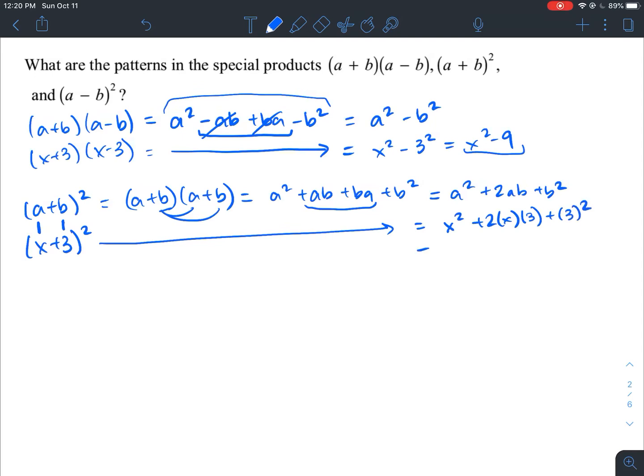Now we can simplify this, so this is x squared plus, now again, for this term right here, we can multiply the 2 and the 3 together, so that's 6x, because this is 2 times x times 3, so we can multiply the 2 and the 3. And then the last term would just be 9, right there. So there you go. We found a pattern.